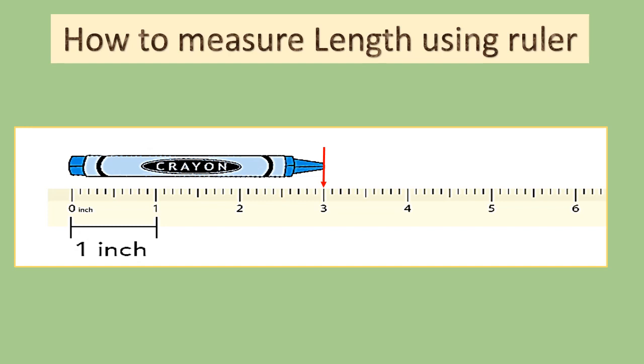Let's measure the length of this crayon in inches. Align the first end at 0 and read the inches by the longer lines 1, 2 and 3. So the length of the crayon is 3 inches.